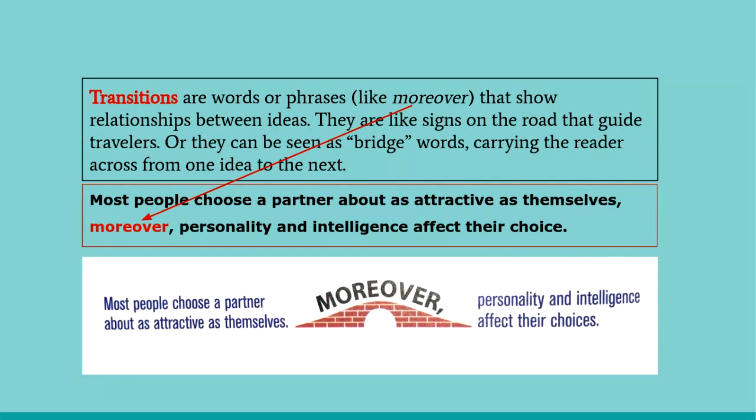And then moreover means that we're adding; it's a transition of addition. We're adding more categories that people look at. Personality and intelligence also affect their choices. So we're adding more information.